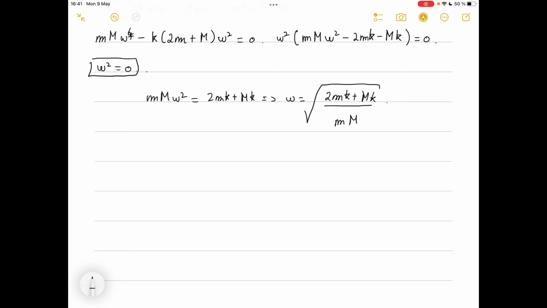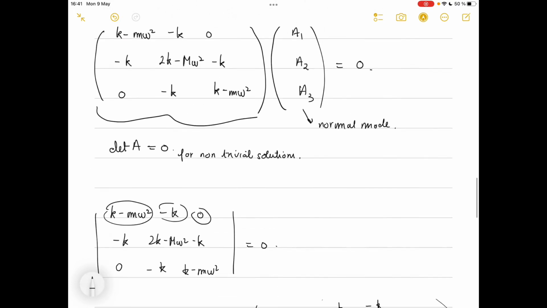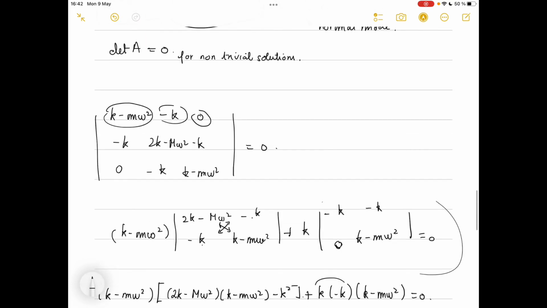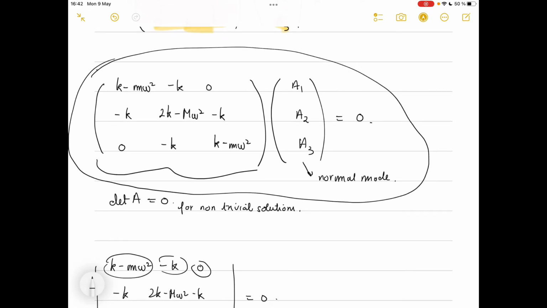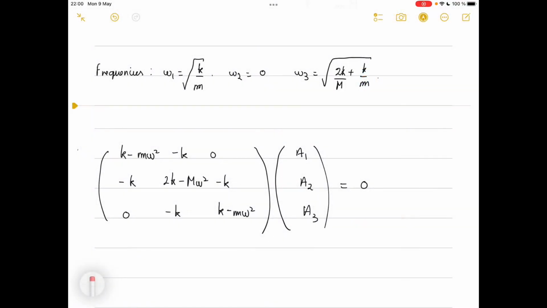basically finding the eigenvectors, because what we're effectively doing in this equation is also called a generalized eigenvalue problem. Before we continue, let's just quickly recap what we've got.